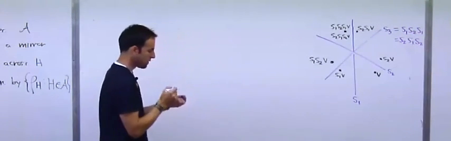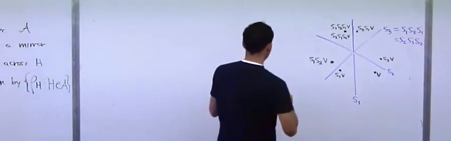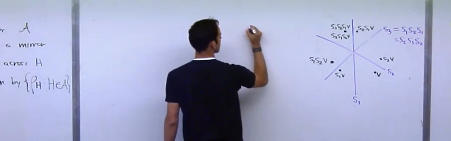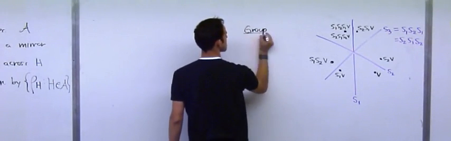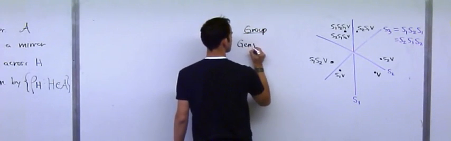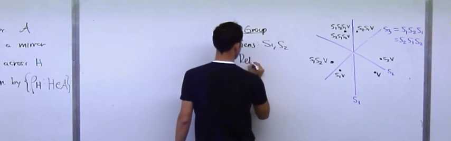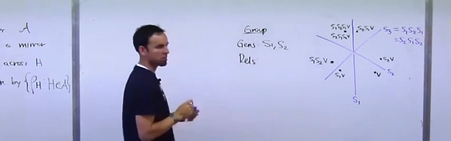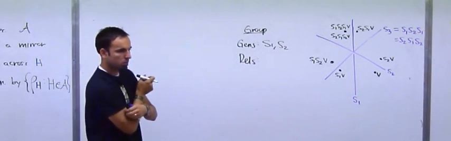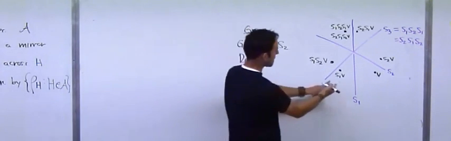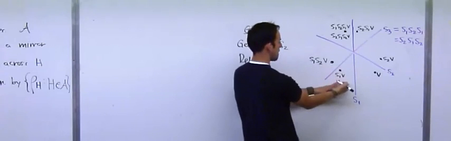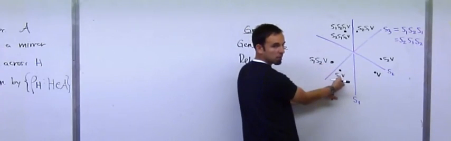Okay. And so the group that I get is given by generators S1 and S2, and what relations do I have in this group? Well, one thing is that if you reflect across S1 and back, you get the same guy.